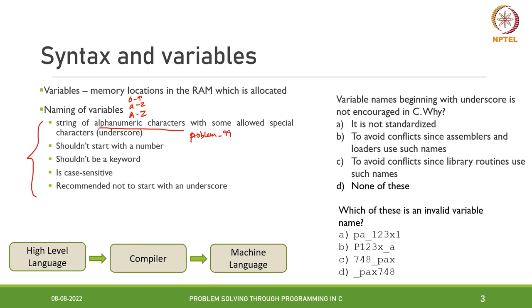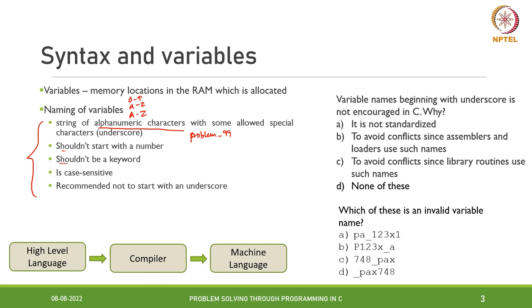This is a completely fine variable name that I can use. The second thing is it should not start with a number. Like I said, you can use numbers, characters, and underscore, but it should not start with a number, right?